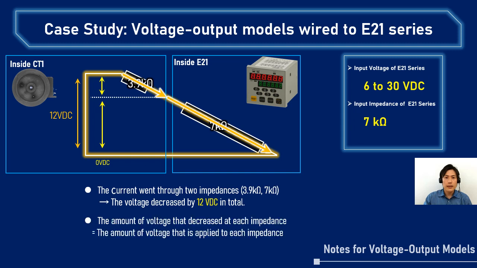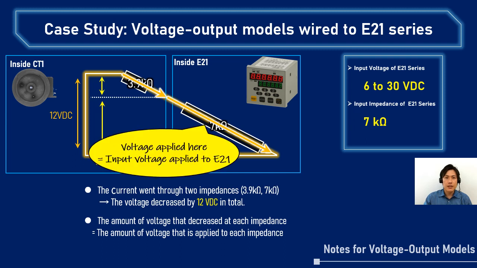And by the way, the amount of voltage that decreased at each impedance equals the amount of voltage that is applied to each impedance. In other words, voltage that is applied to impedance 7 kilo ohms is input voltage applied to the counter. Looking at this picture, the voltage dropped more at impedance 7 kilo ohms. But how much did it drop?